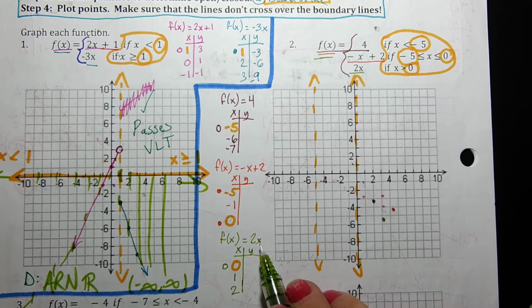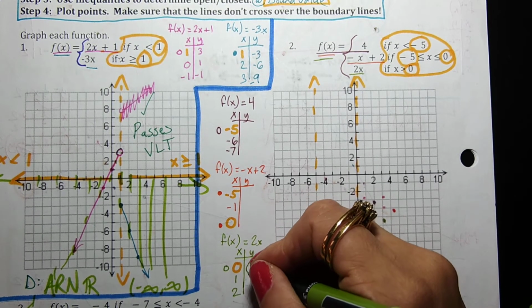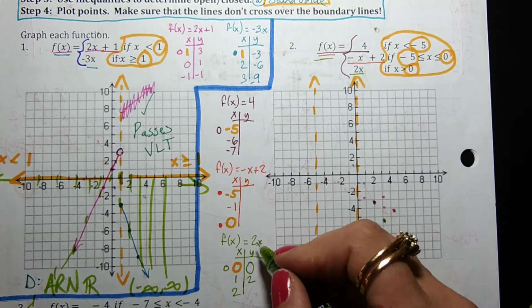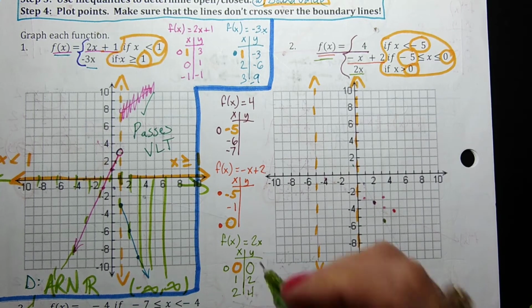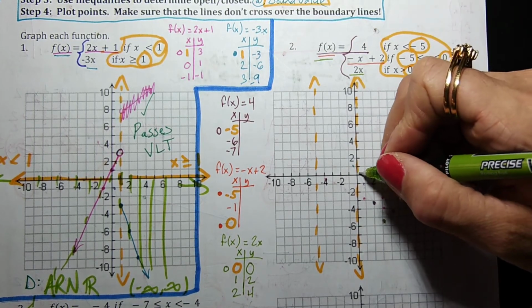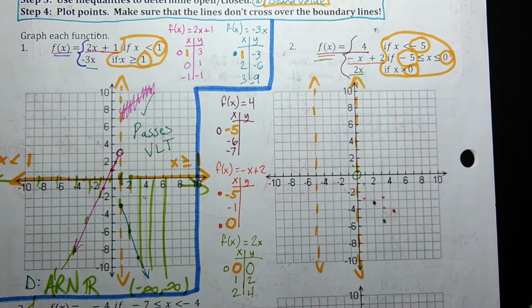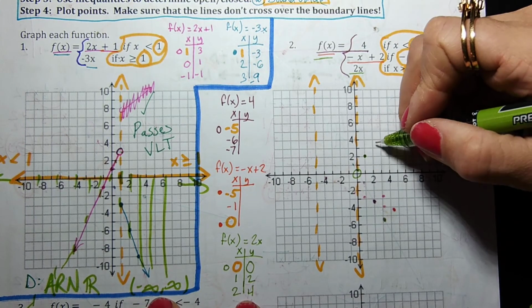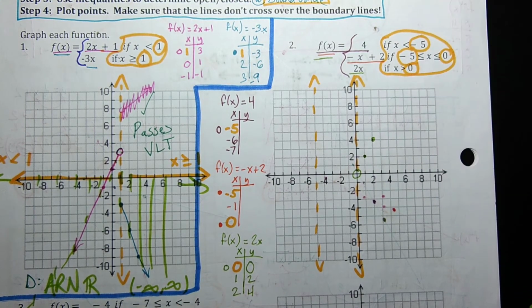2 times 0 is 0. 2 times 1 is 2. 2 times 2 is 4. So 0, 0 with a nice big open dot. 1, 2, regular dot. 2, 4, another regular dot.